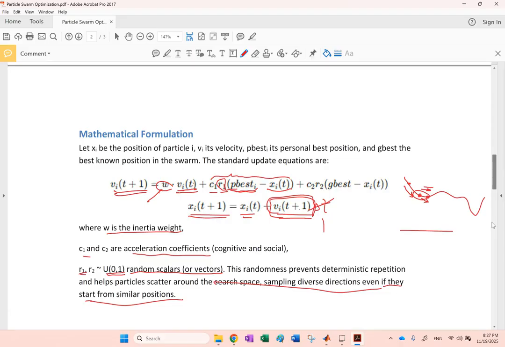And also you have a global best. So if one of them found a global best, you also will be affected by going from wherever you are to this global best, multiplied by its own acceleration coefficient and its own random number. So wherever you are, you are affected by your previous motion, by your local best, and by the global best.